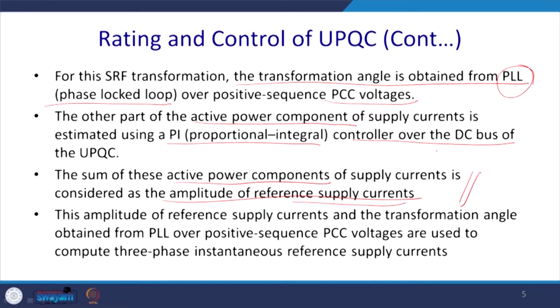So, you have IL that will have IP of t plus IQ of t plus summation of IH, n equal to 1 to infinity.